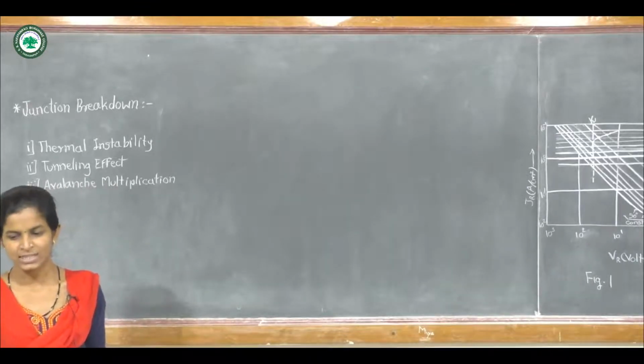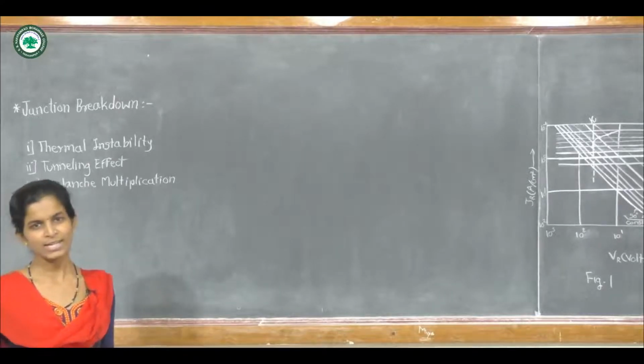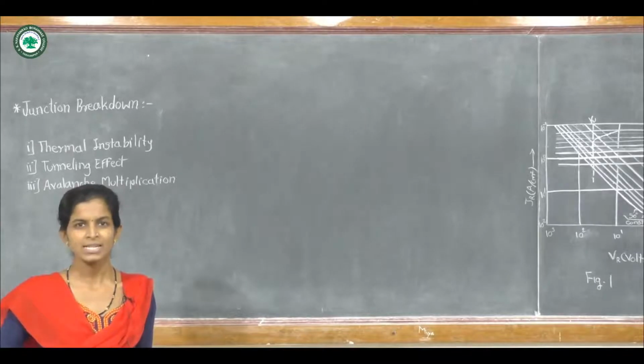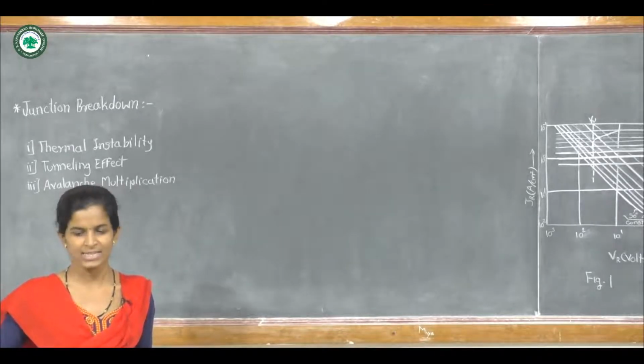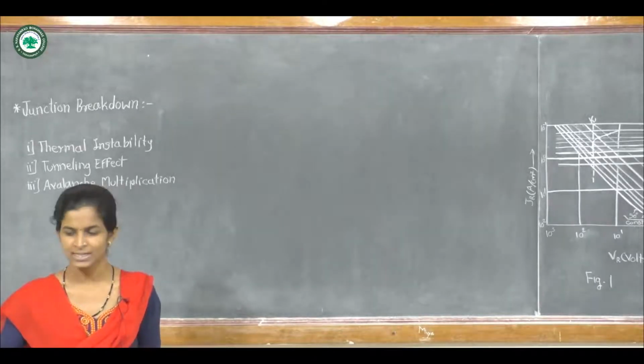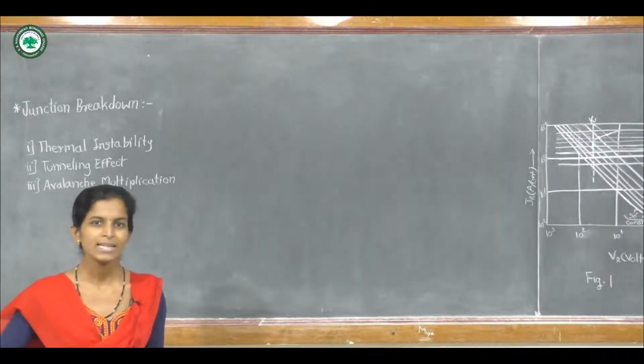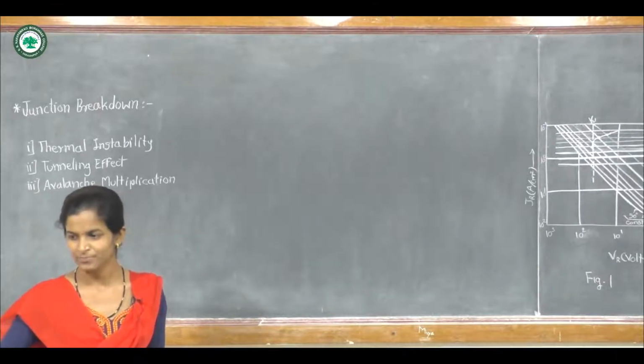In this case, the diode will be destroyed unless some special measure like a large series limiting resistor is used, and this effect is called thermal instability.